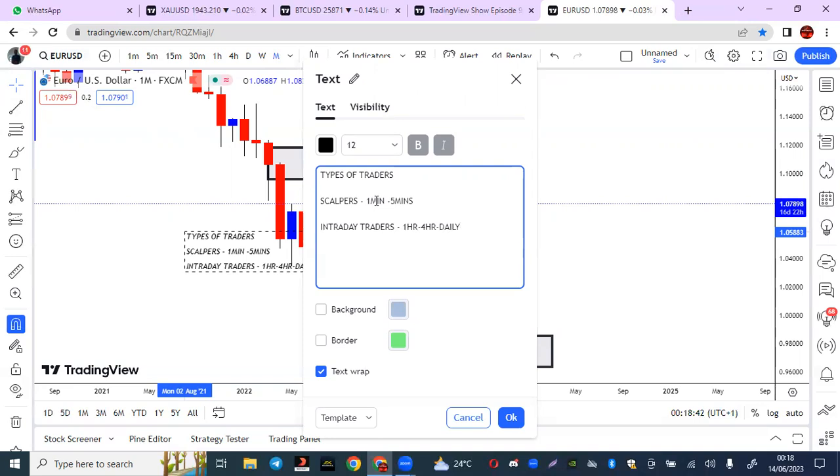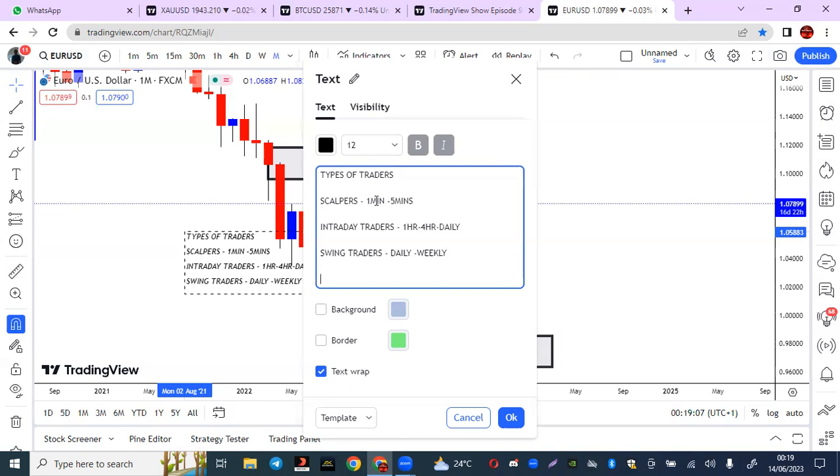Then we have swing traders. Swing traders hold trades longer, for some days. So they can use the daily time frame to maybe the weekly time frame. They take one trade and then they hold it.